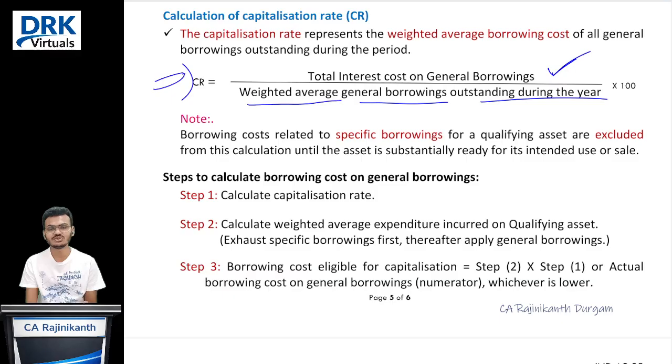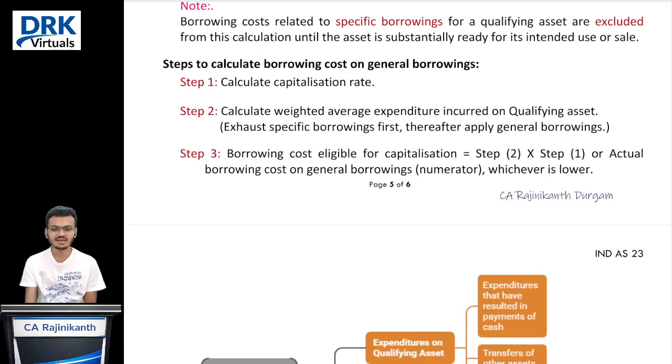Suppose we issued debentures on 1st July 2024. It means the debentures are outstanding for the next 9 months during the financial year. So you multiply like this, 9 by 12. You should be very careful with the denominator. Okay. That is the capitalization rate. And thereafter in step 2, see here, in step 1 we calculated the capitalization rate. In step 2, calculate the weighted average expenditure incurred on the qualifying asset.